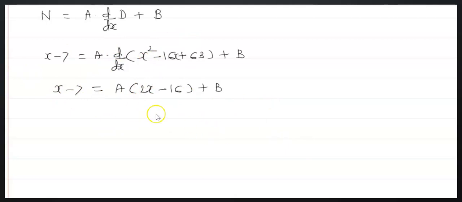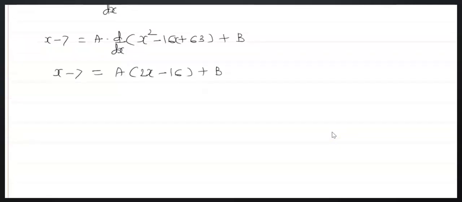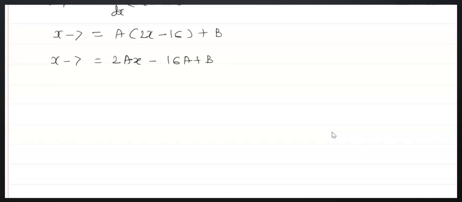Equate the coefficient of x and the constant. Therefore, here a is equal to 1 upon 2, that is 2x is equal to x.